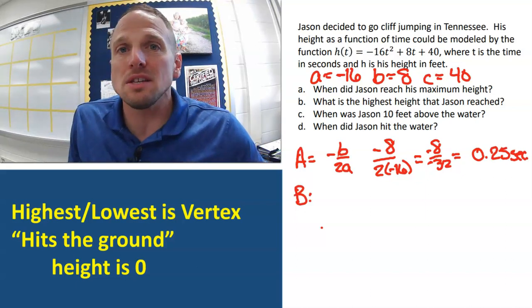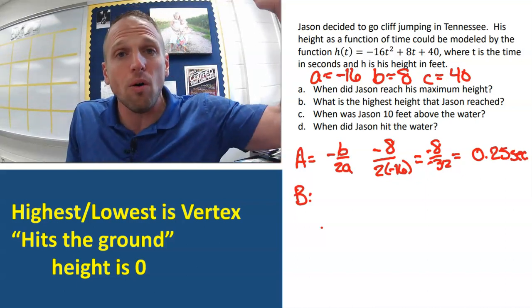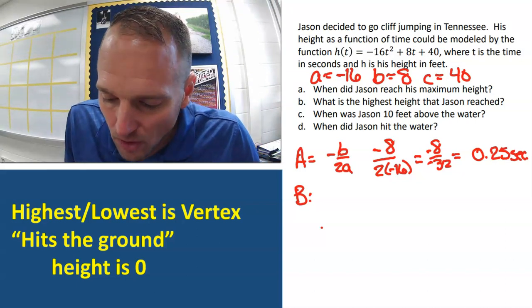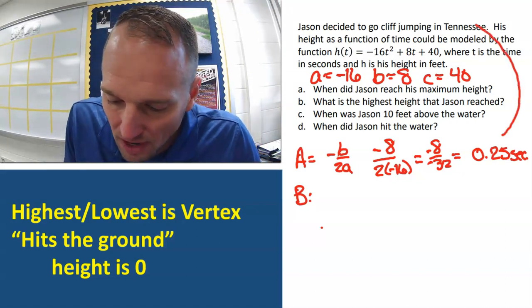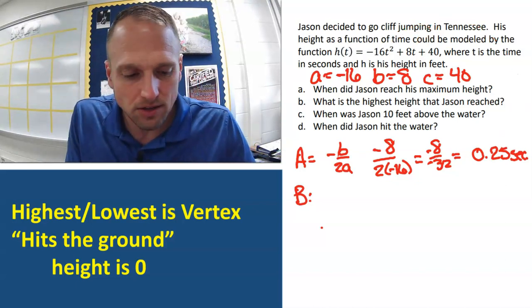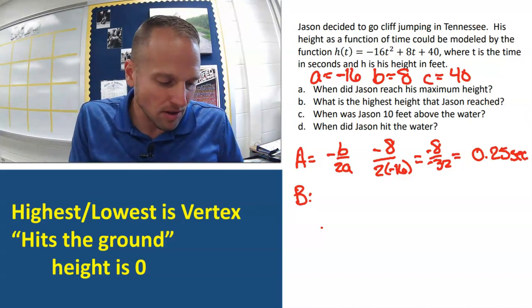Well, all that means is at the vertex, how high is he? So we know the time is 0.25. What we're going to do, we're going to take 0.25 and sub it back in for t up here in this equation, and that's going to give us our height. So I'm just going to use my calculator.